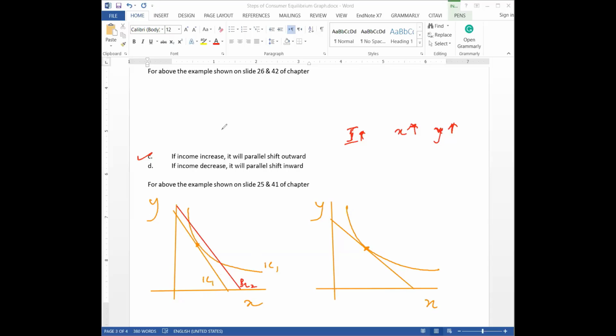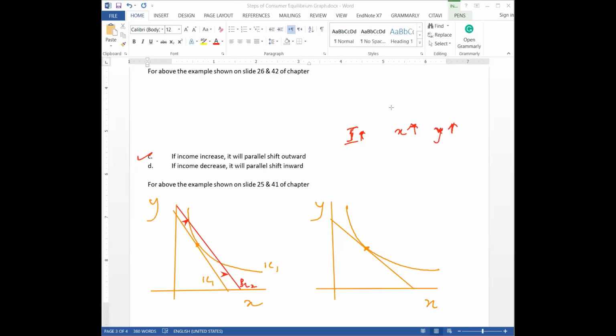This will be discussed in step number 4. We are only talking about step number 3. So in the last step, we'll talk about how the new indifference curve will be drawn. So there's an increase in income here. We'll draw an arrow to show that the customer has moved outward.